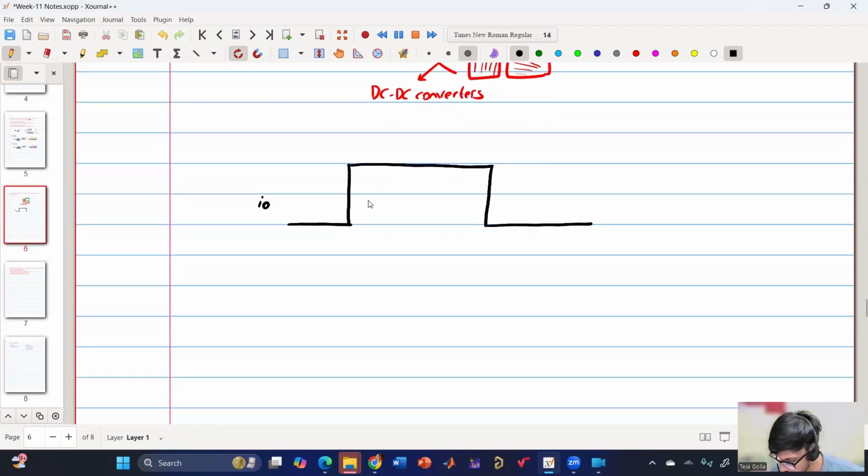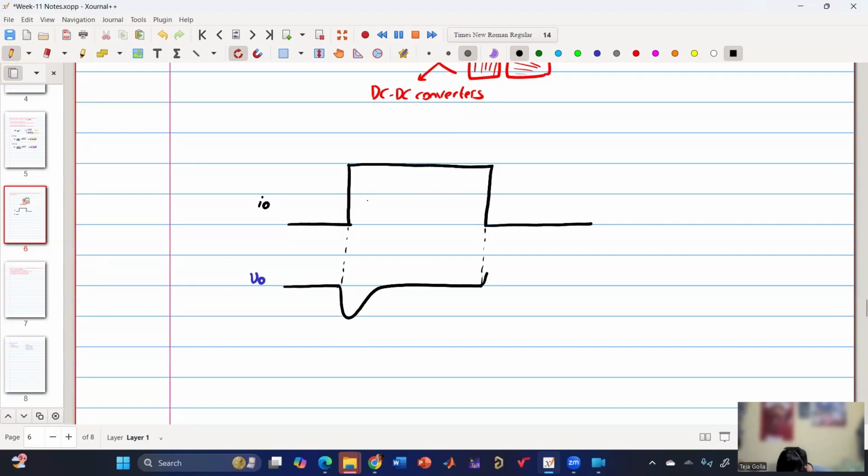Now for this V naught, if we draw the voltage V naught, there will be an undershoot, and then it will settle, and then there will be a voltage overshoot, and then it will settle. Say my V naught is at 1.2 volt, for example.